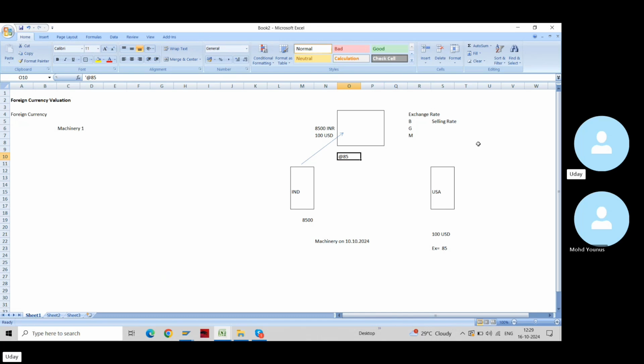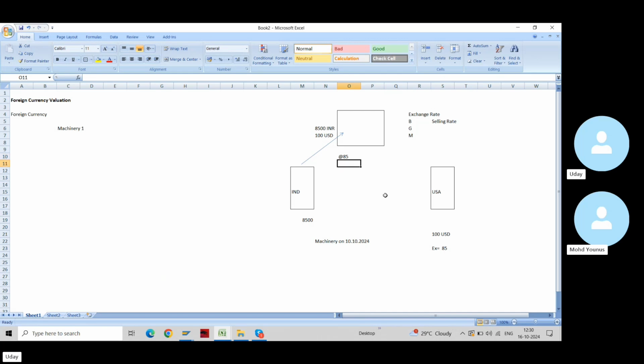Now, whenever I'm having any US dollars, if I don't want to use them and I want to sell these US dollars to the bank or institution, they will be charging a different rate. You can sell to the bank at a rate other than 85.